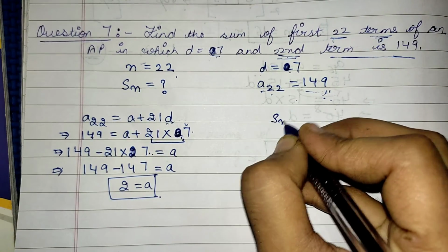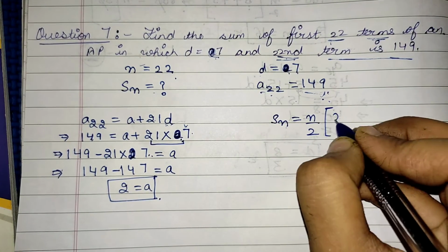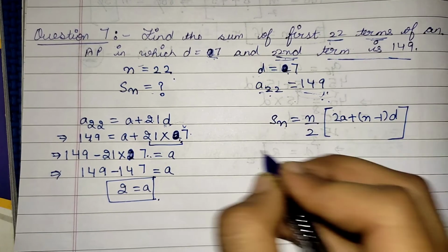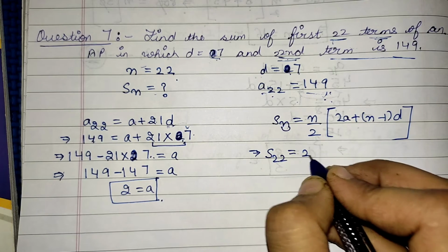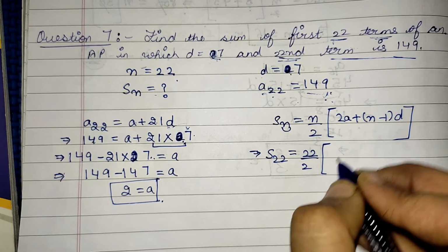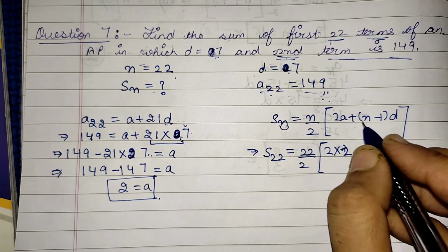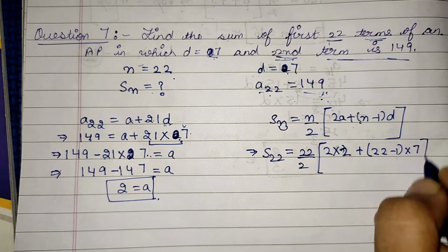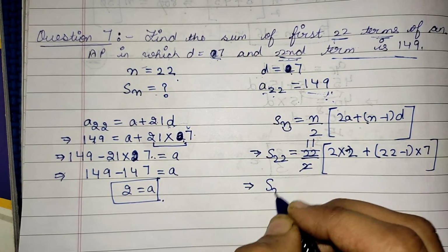Okay, so now Sn is what? We have to find out the value of the sum. Sn is equal to n by 2 into 2a plus n minus 1 into d. So n is my 22, which is equal to 22 by 2 into 2a. A is my 2 plus 22 minus 1 into d. D is my 7. So it will become 11.